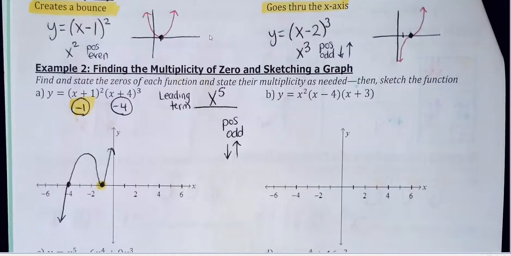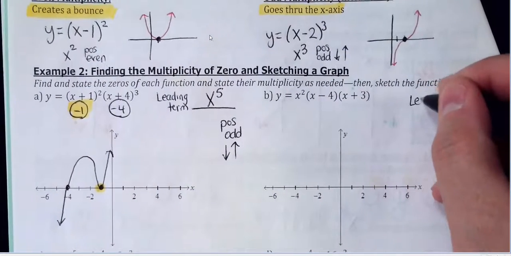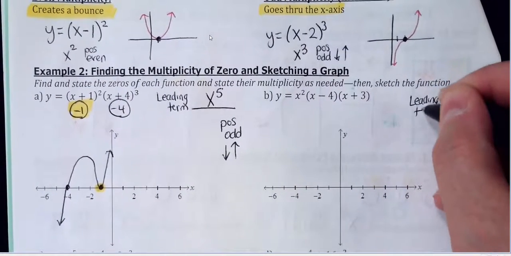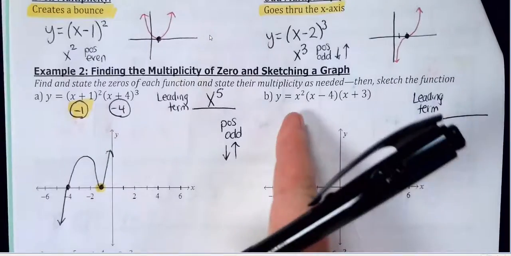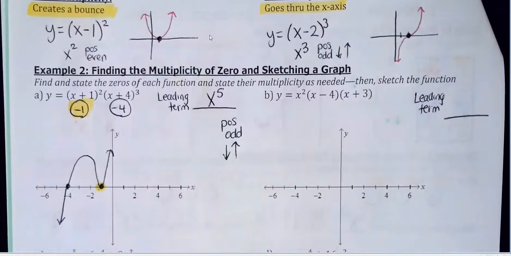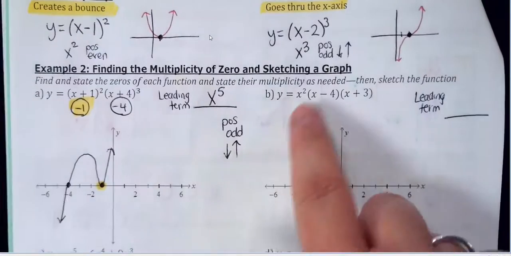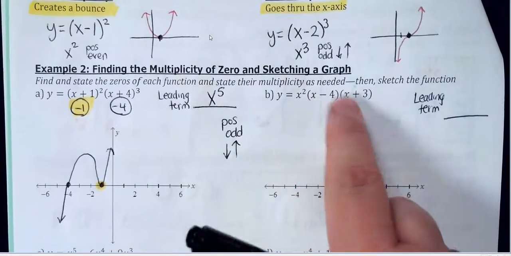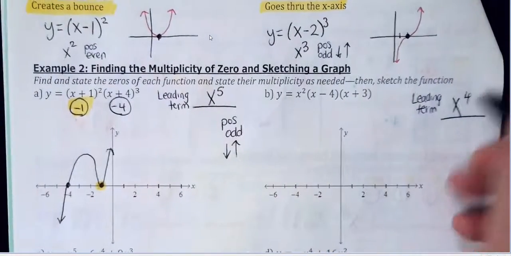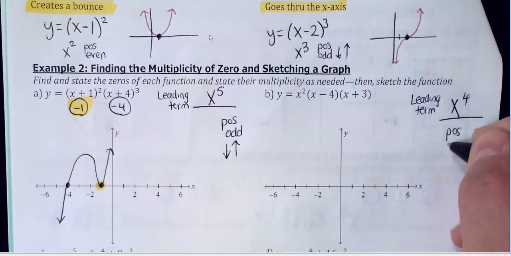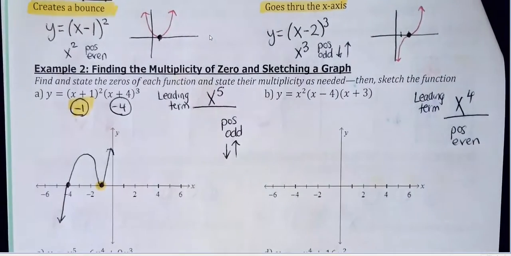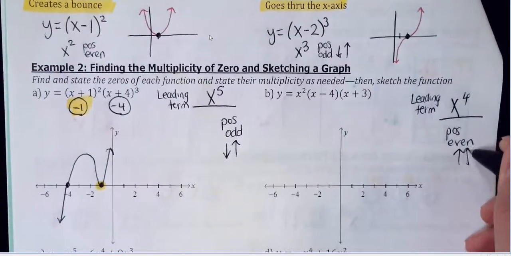Okay, if I multiplied, sorry, I should have put a little space for this here. If I multiplied this all out, what would my leading term be for that next one? Yes, okay, x squared, and then another x to the 3rd, x to the 4th. So this is positive, but this one is even because I've got a 4. So positive, even, both ends of that are going to point up.